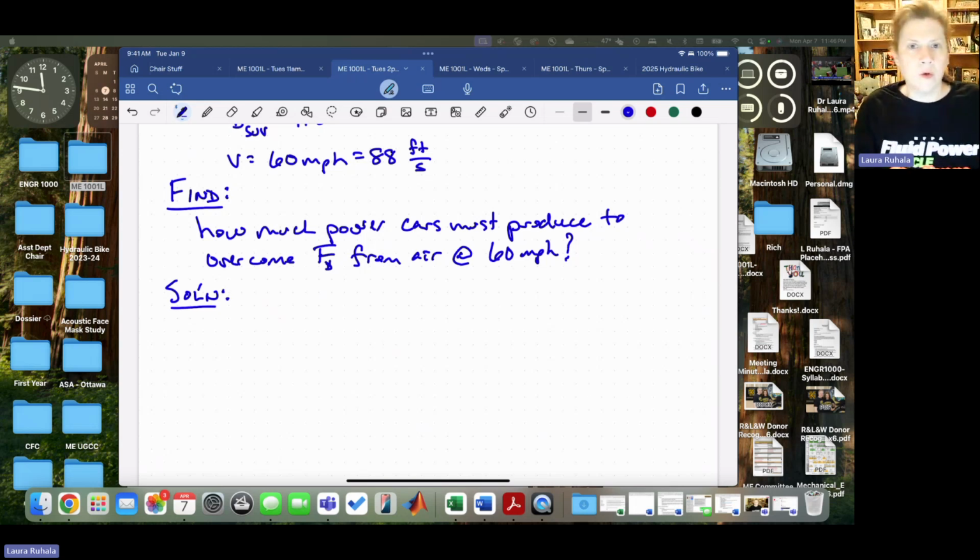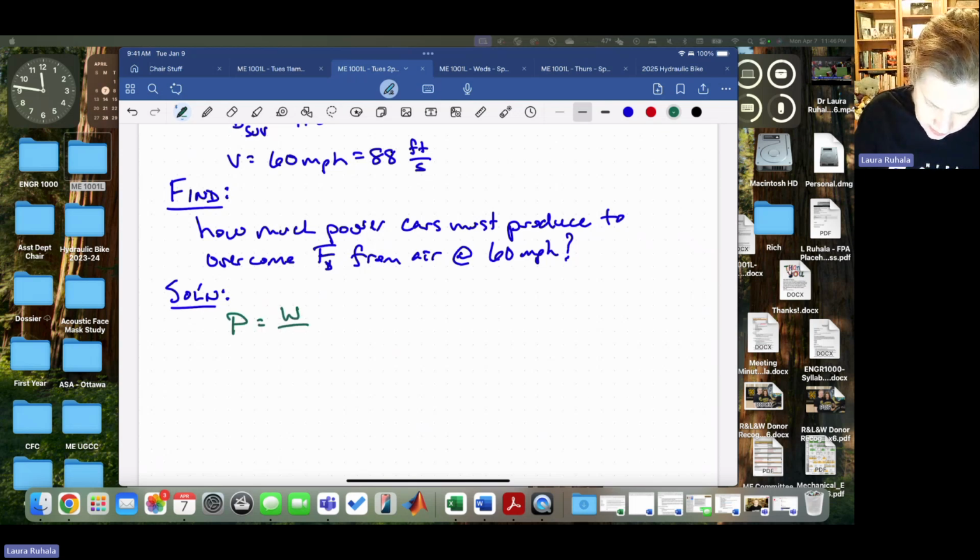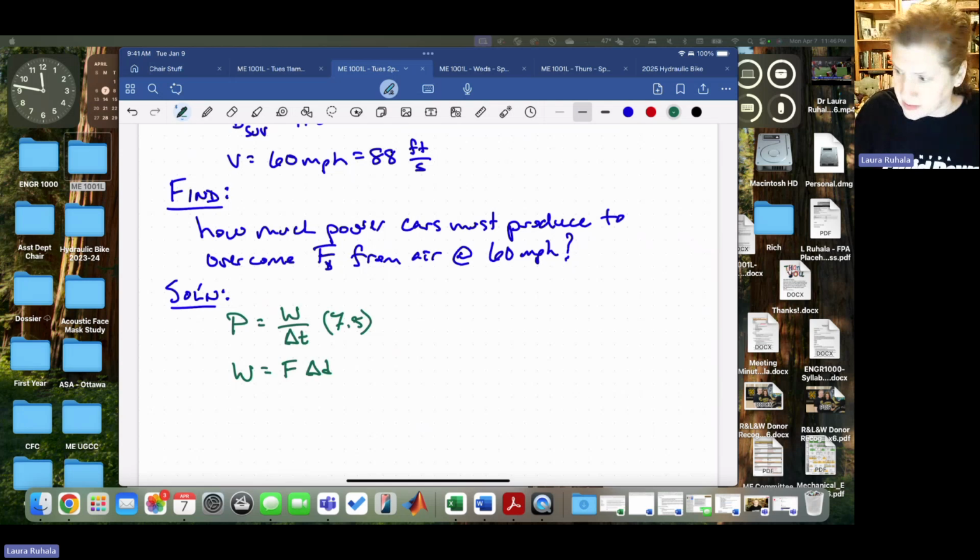All right, so let's go back to that definition of power. Power, if you recall, was work per unit time. This is equation 7.5. What is work? Work is the force times the distance over which the force acts. That is equation 7.4.